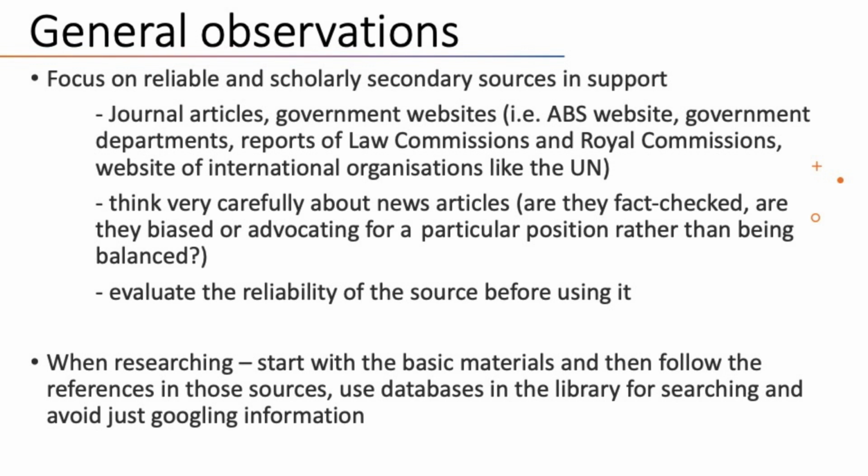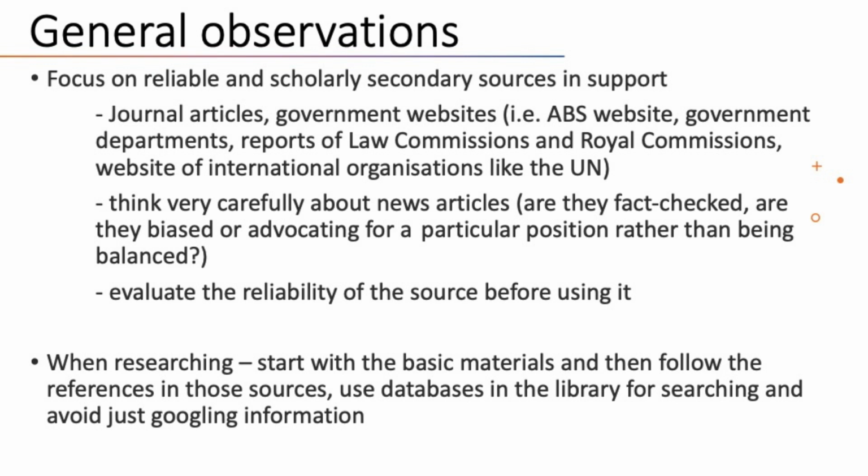So we would say things like peer-reviewed journal articles are reliable because they've been through that peer review process, which means that they've been scrutinised. Government websites are generally reliable. So, for example, the Australian Bureau of Statistics, all of the statistics on there are credible and can be used in essays.